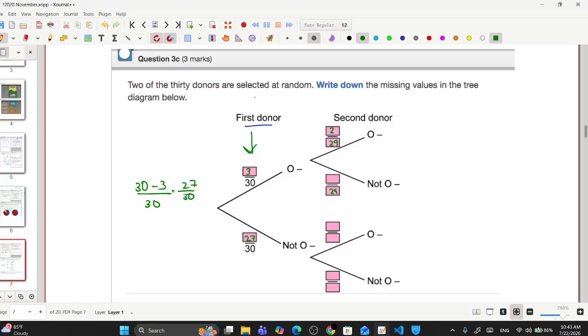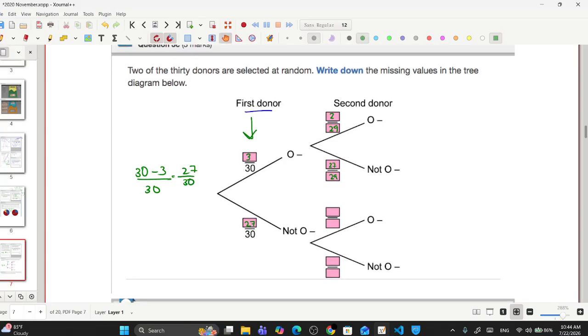But the numerator remains as it is. Still, there are 27 people out of 29 that don't belong to the O minus category. Okay? This is the tricky part. I hope you understand this region.